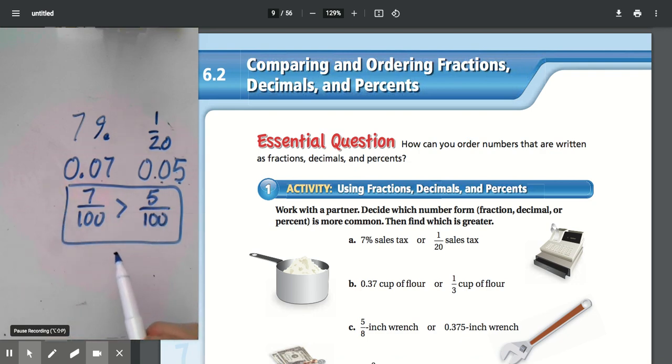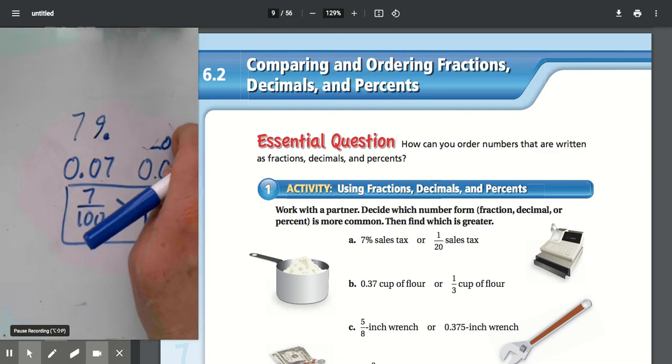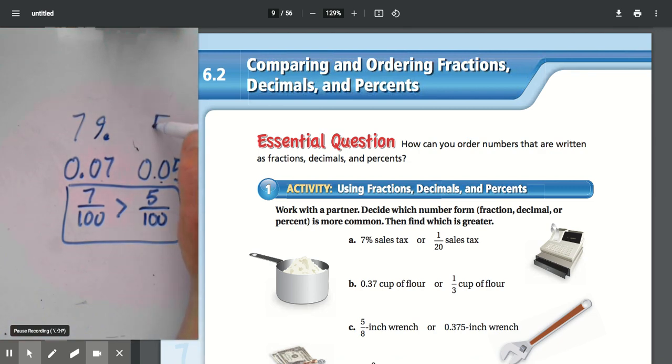So, in order to compare, you have to have them in a common form. We don't really care which form you have them in, but you have to either have them as a fraction with a common denominator, or as a decimal, in order to compare. Okay? Or if you had them as a percent, you could do that. So you could turn this one into a percent too, and you could say that would be 5%. So that's how you compare them.